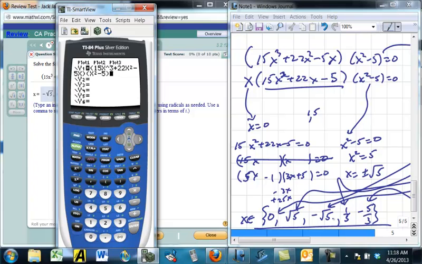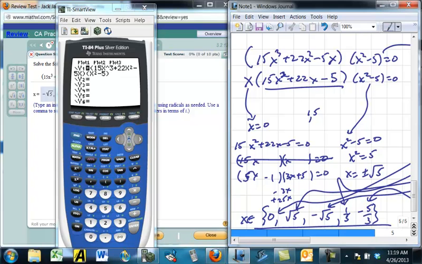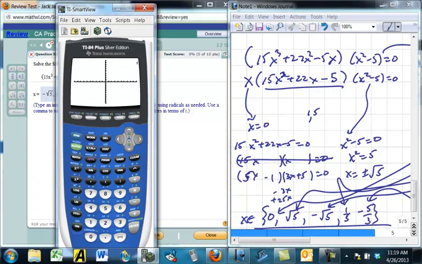Now the square root of 5 and minus square root of 5 we're not going to get exactly, but we should approximately be able to get that. And this other part we can get exactly. So let's just graph this. Let's just start with the zoom standard. And we're looking for places where this is equal to 0, so where it's crossing the x-axis.